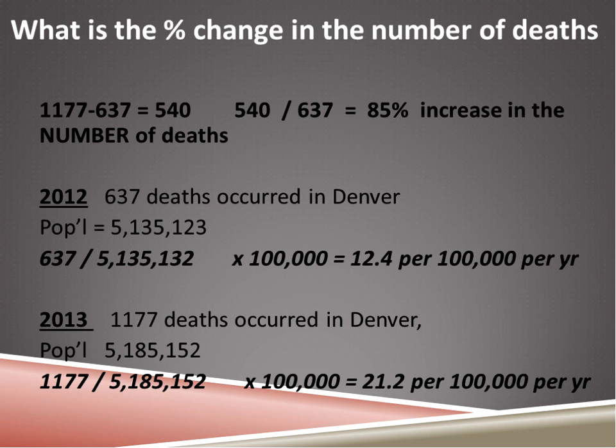That's our difference. And we want to see what the percent change was from the start of 2012 to 2013. So we take our difference between our 2 years and then put it again against our primary year's number. And we see that there was an 80% increase in the incident rate and an 85% increase in the number of deaths.